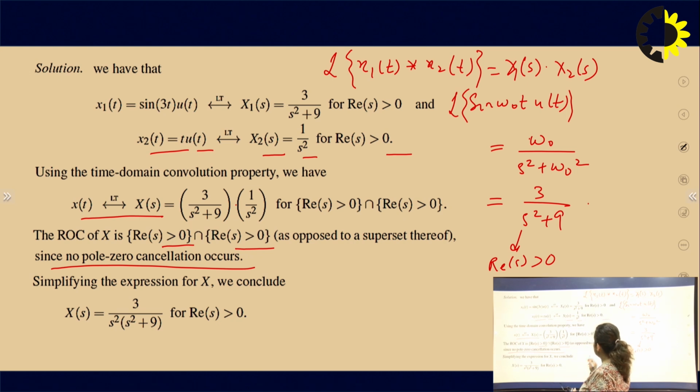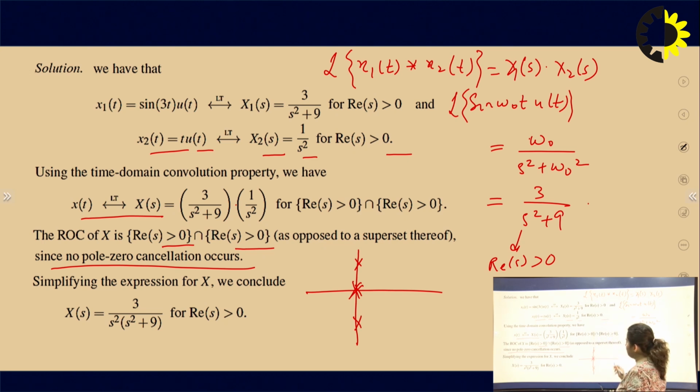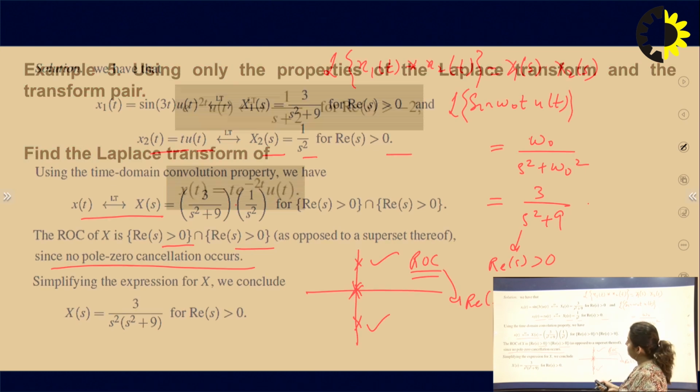There are repeated poles at s equal to 0, 2 poles, and from s square plus 9 we have 2 poles, s plus 3j and s minus 3j. So the common ROC is real of s again greater than 0, as these poles will not contribute in the ROC.